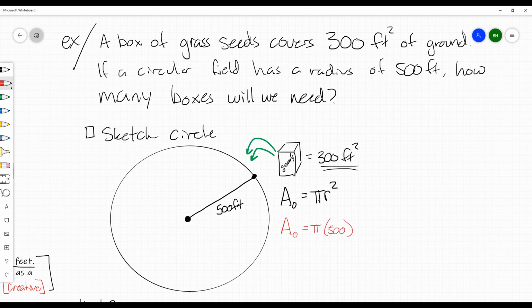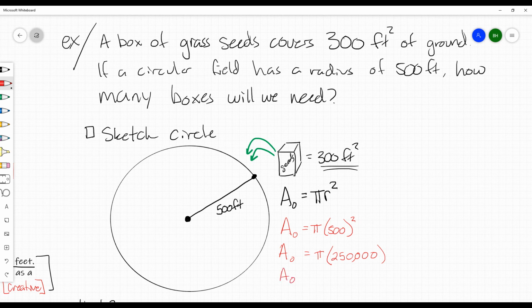We have 500 squared, which means we're going to have pi multiplied with a big old number. Okay, we have 250,000. So 500 times 500 is 250,000.